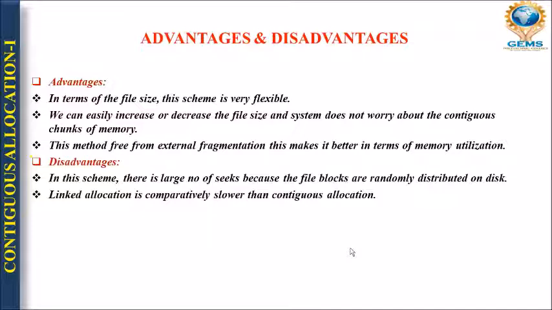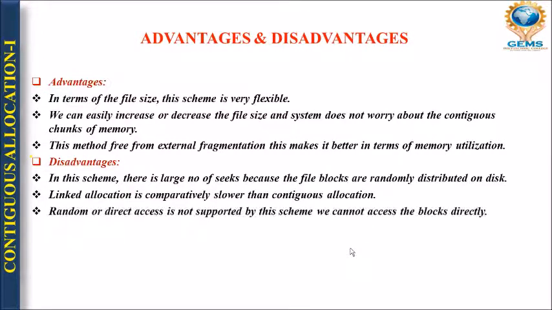Linked allocation is comparatively slower than contiguous allocation. See, contiguous allocation में आपका accessing fast होगा क्योंकि ढूंढने की जरूरत नहीं पड़ेगी, लेकिन मेमोरी का यूटिलाइजेशन ज्यादा नहीं होगा. लिंक लिस्ट में क्या होगा, मेमोरी का यूटिलाइजेशन बेशक बहुत फास्ट होगा, लेकिन आपको ढूंढने की आवश्यकता होगी, इसलिए आपका जो परफॉर्मेंस है वो थोड़ा सा कम हो जाएगा. So random or direct access is not supported by this scheme. We cannot access the block directly. Any block cannot be directly accessible. It is very important.